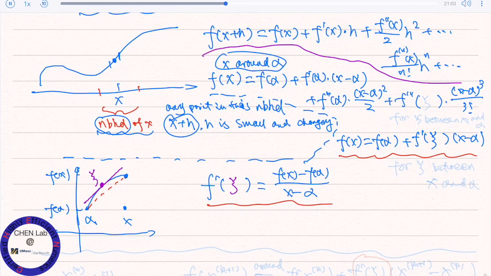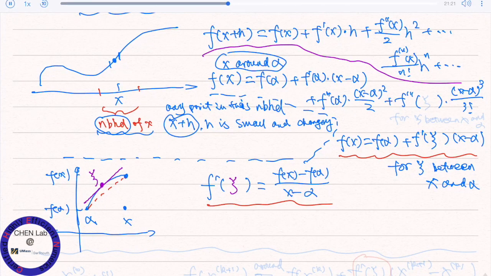For some c, so to finish this, for c between x and alpha. You just don't know where c is, because for one function, c might be the middle point.